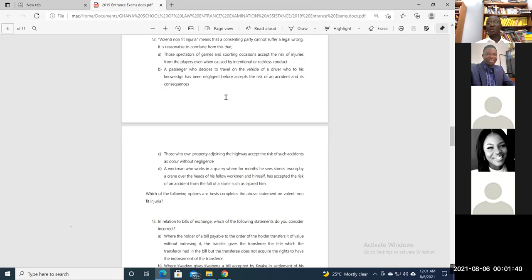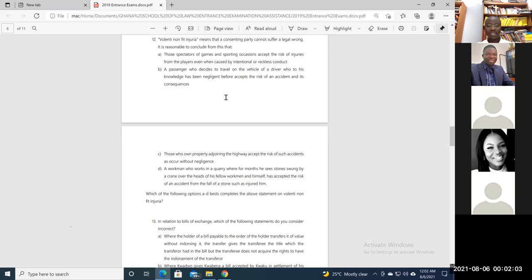If the person, for example, is not licensed, that is a different matter altogether. But once the person is licensed, if on one occasion he was negligent, it doesn't mean that subsequently, if you drive with him, it's voluntary assumption of risk. I think that would be too much. So B is completely out.